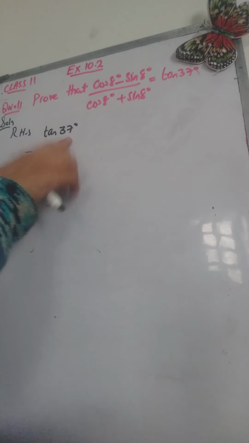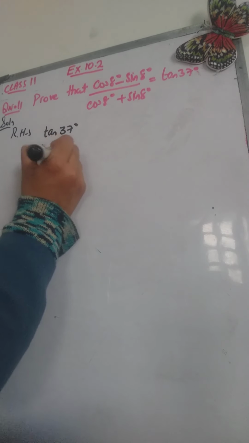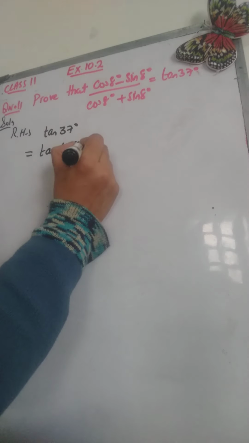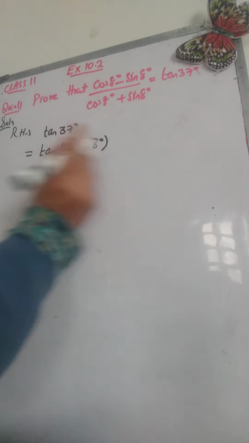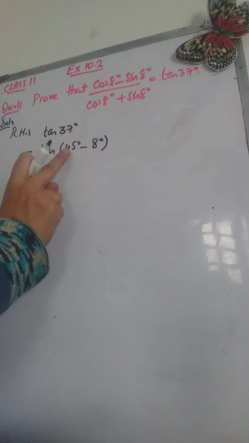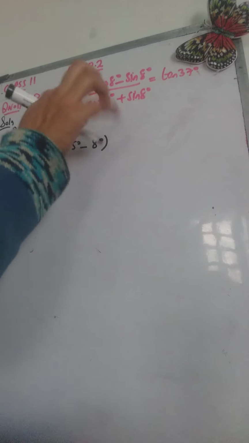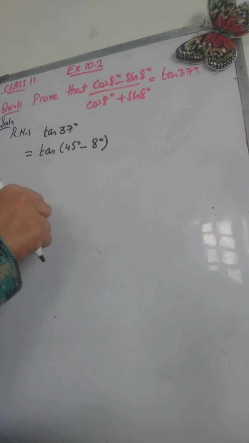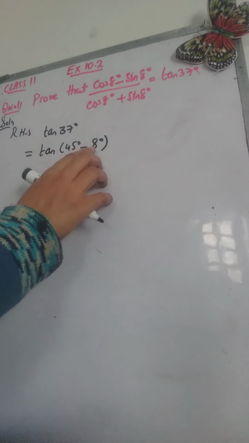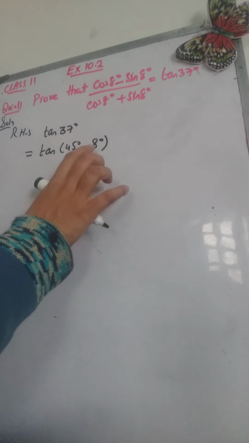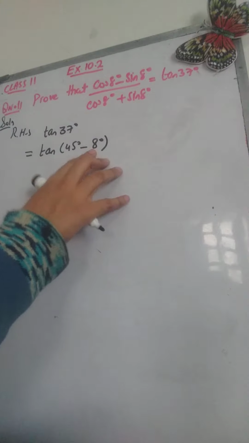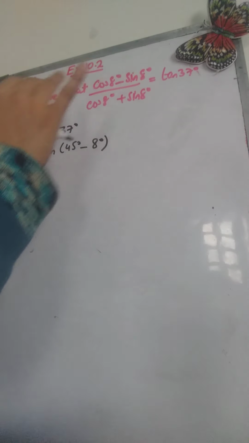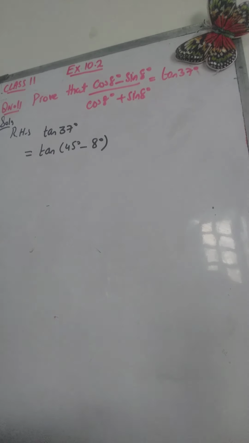Tangent 37 can be written as tangent of 45 degrees minus 8 degrees, because on the left hand side we have a fraction, and we know that tangent of alpha minus beta is also in the form of a fraction. We want to write 37 in such a way that we get an expression which involves 8.